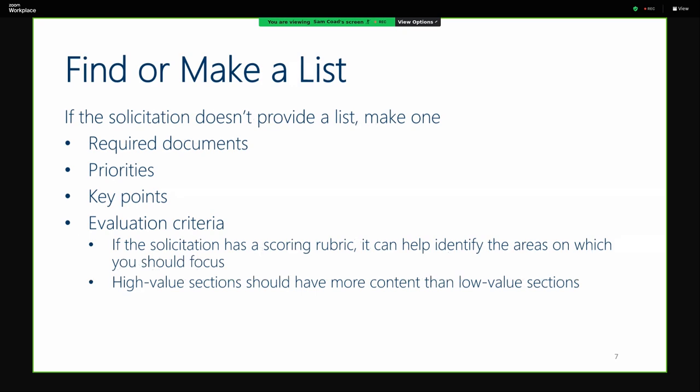If they have a scoring rubric, it can help identify the areas that you should focus on. So if they say 20% or 20 points of a 100-point application is given to community engagement, and all the other categories are 10 or 5%, then you want to put more emphasis on those categories that are more valuable.